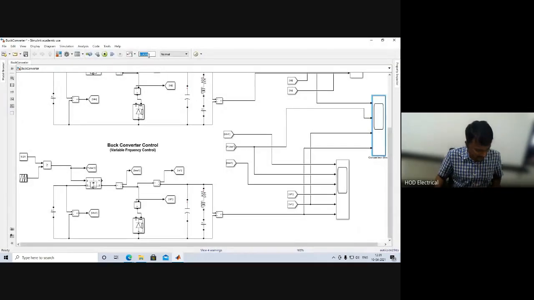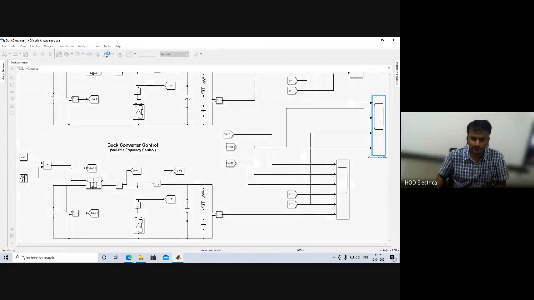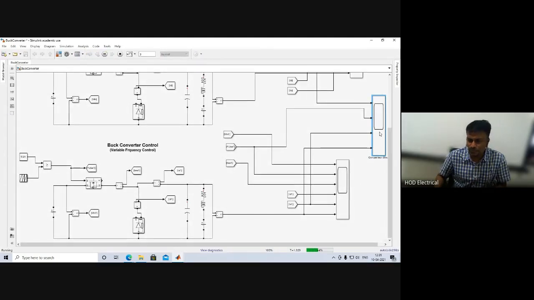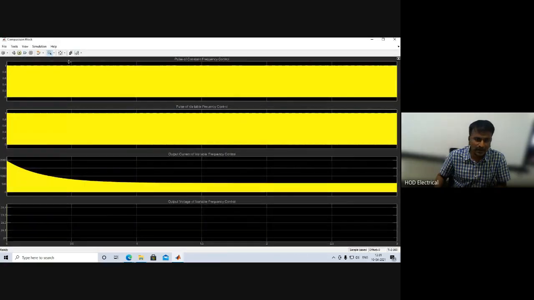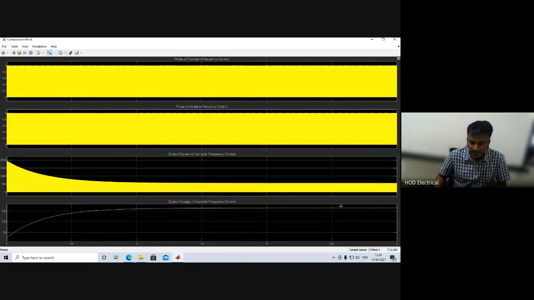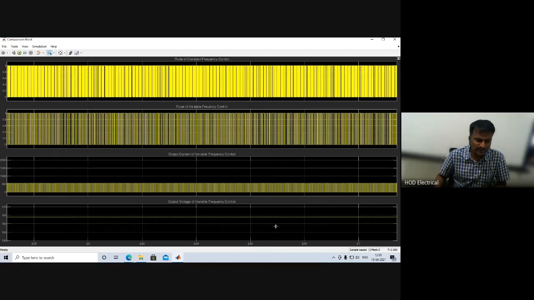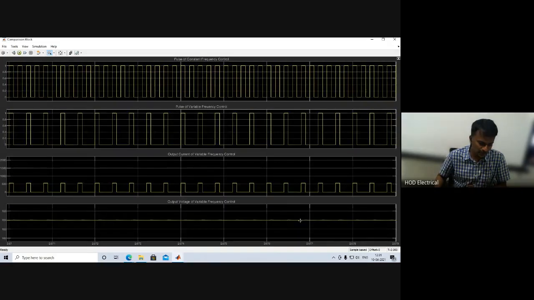Let me run the simulation for 3 seconds. From this, you will see that the output voltage will be approximately 164 or 165. This is for constant on time and increasing off time.